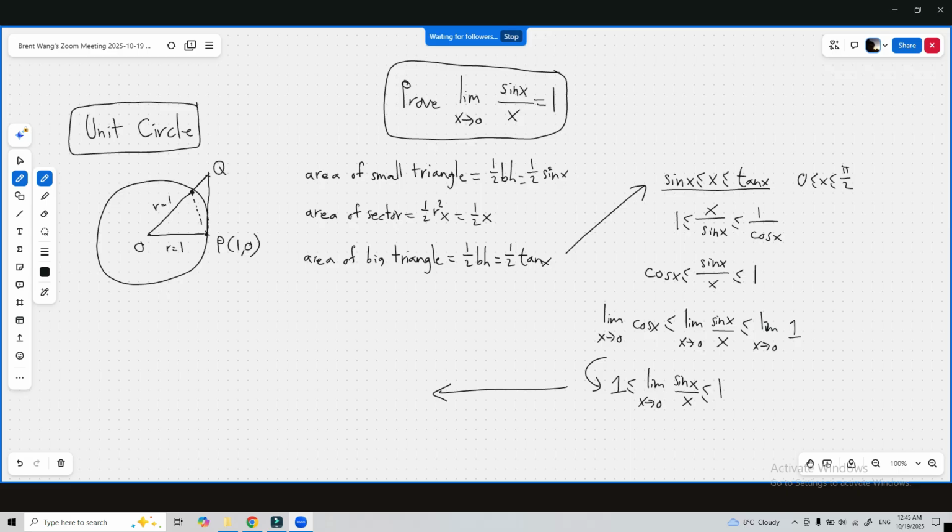So, therefore, by the squeeze theorem, the limit as x goes to 0 of sine x over x equals 1.